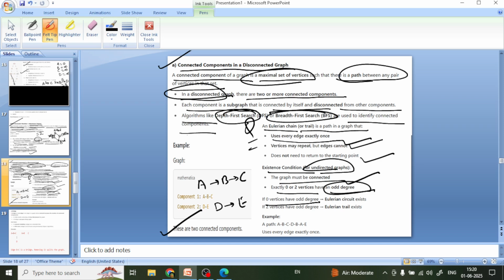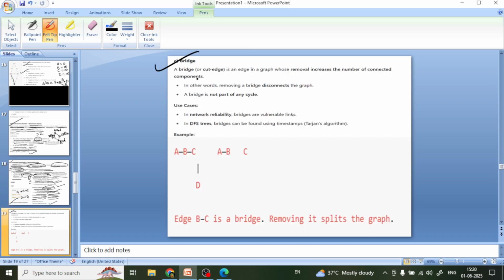If 0 vertices have odd degree, then an Euler circuit exists. If 2 vertices have odd degree, then an Euler trail exists. A path A to B, B to C, C to D, D to B, B to A, A to E uses every edge exactly once.